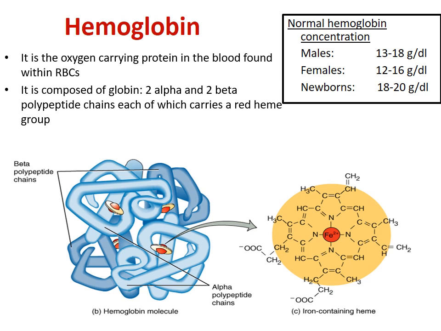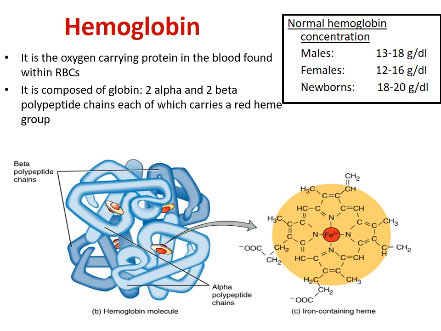In the case of females and males, if you compare, in males the red blood cells are higher. That is why the hemoglobin concentration in males is also higher. It is 13 to 18 when compared to females, which is 12 to 16.